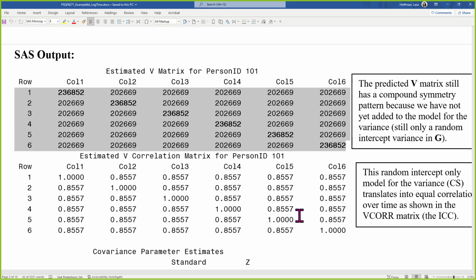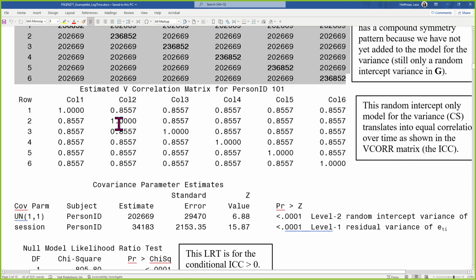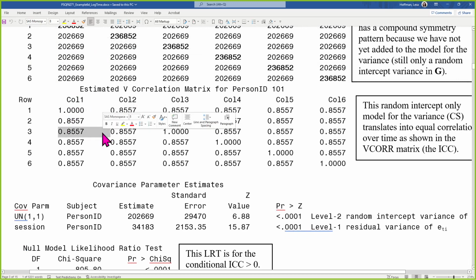I'm just trying to be clever. But yeah, it's a consequence because this model has only a random intercept in it and only a residual. So that is a parallel growth curve kind of structure where we have constant variance and covariance. And the predicted correlation over time, if we translate this covariance into a correlation, is also constant, 0.86.